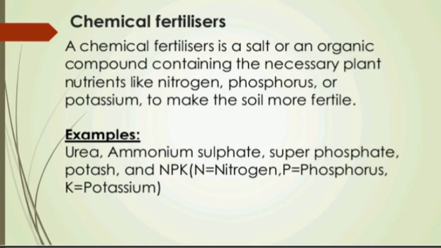Now the examples of fertilizers are urea, ammonium sulfate, superphosphate, potash and NPK, where N stands for nitrogen, P for phosphorus and K for potassium. Now the chemical fertilizers are nutrient specific and have plant nutrients in a concentrated form. So they provide quick replenishment of plant nutrients in the soil and restore its fertility.